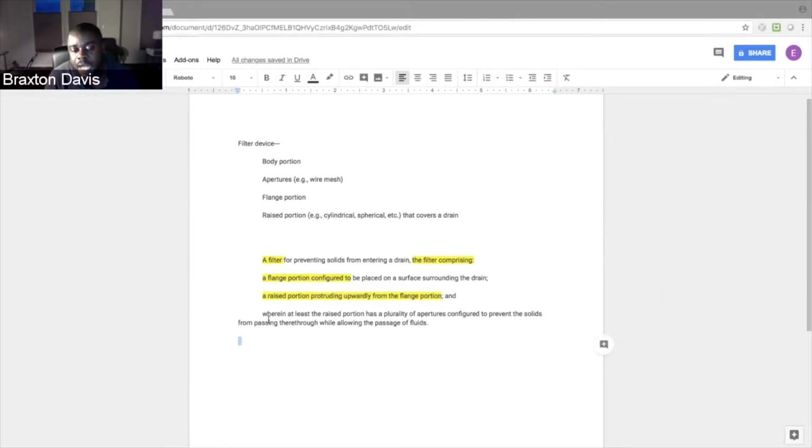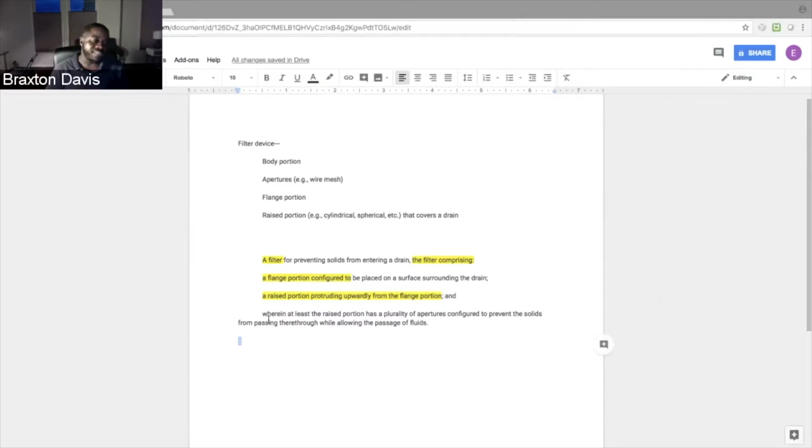And when thinking about drafting it, even though in the disclosure I provided you with, you'll see that it has these mesh-shaped openings in both what I'm calling the flange portion and also what I'm calling the raised portion. But from an attorney perspective, thinking about it critically, I'm also thinking, do I necessarily need the apertures in the flange portion for this to be an operative device?